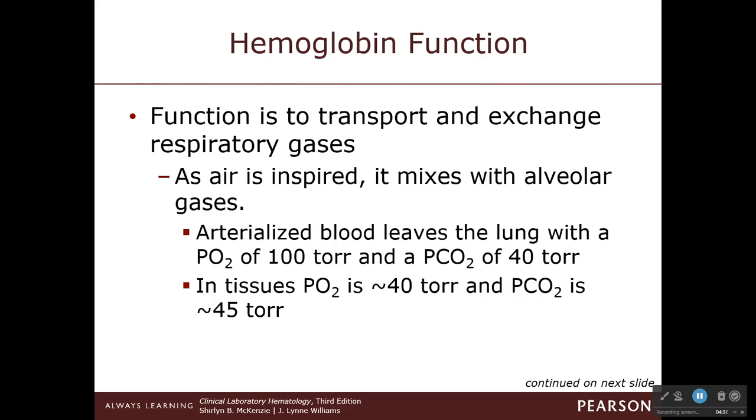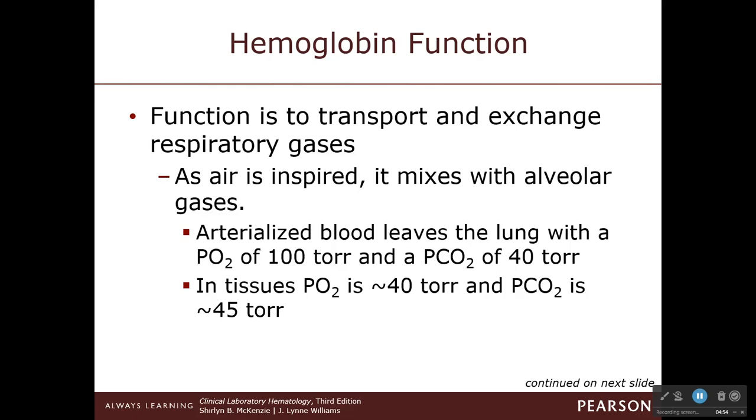So basically, 50% is going to be right here. That's going to be about 50%. I'm not measuring it exactly, but that's pretty close. So what we want is for it to come out equal to about 25 millimeters mercury.